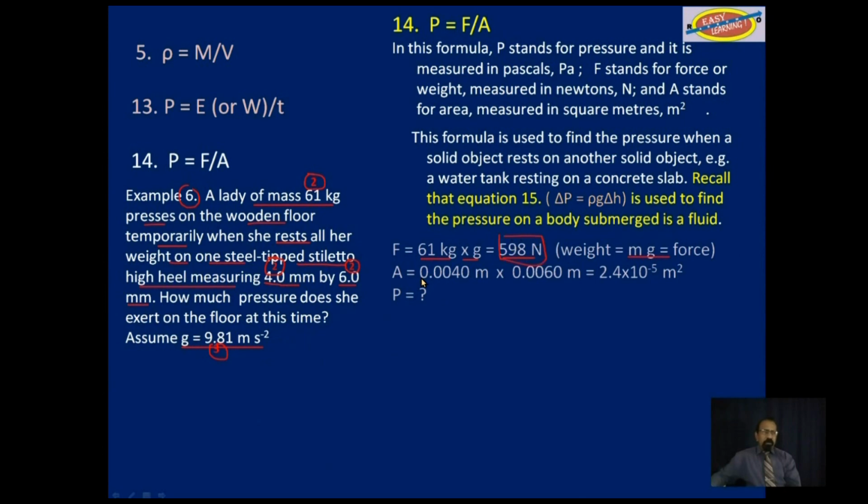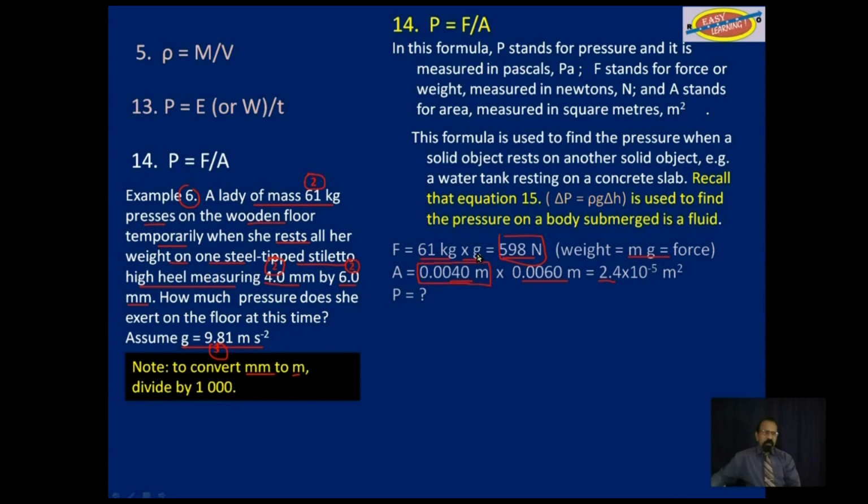The area of the shoes, the heel, is 0.004 meter multiplied by 0.006 meter, and so we get 2.4 times 10 to the negative 5 square meters. So what we did is that we converted the millimeters to meters first. 4.0 millimeters we divide by 1,000 and we get this in meters, and we do the same thing for the 6 millimeters.